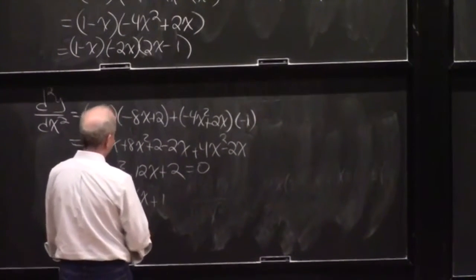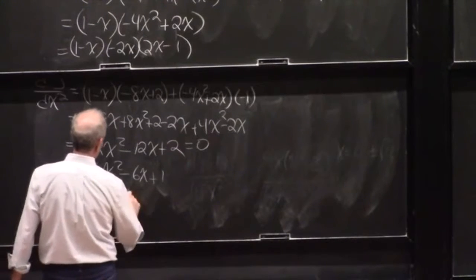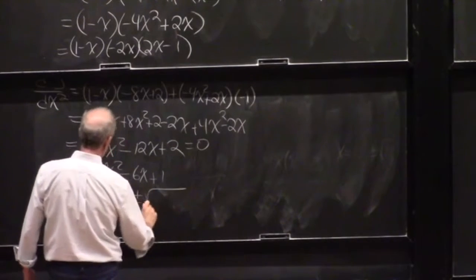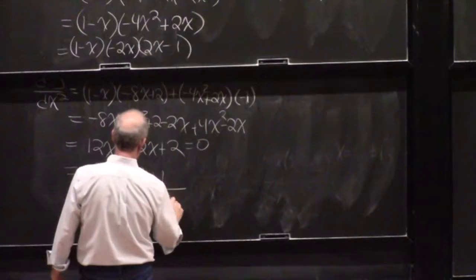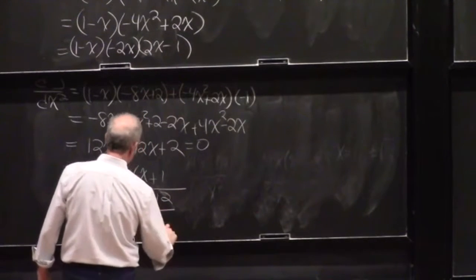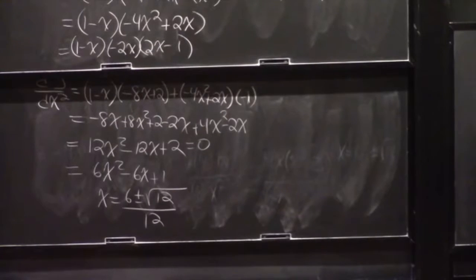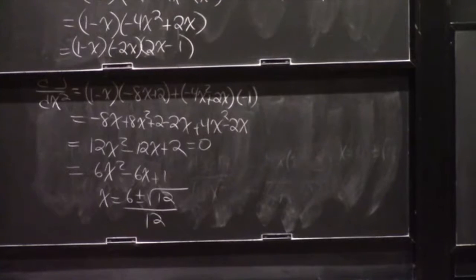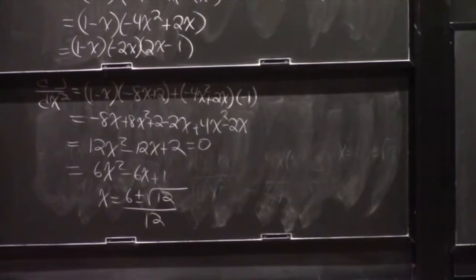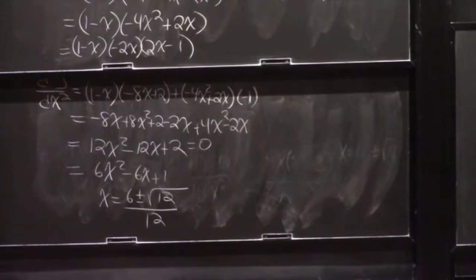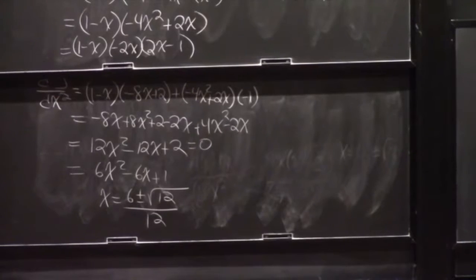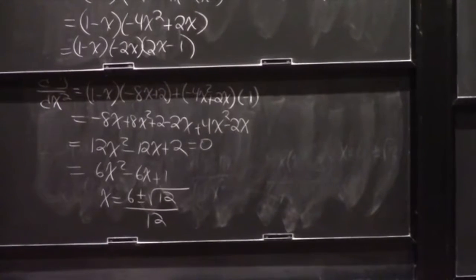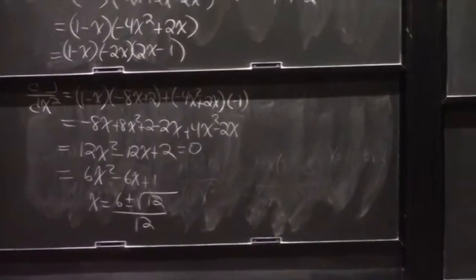So that's going to be, and whip out the calculator so you can see what the graph looks like. We could simplify that radical if we wanted to. Square root of 12 is somewhere between 3 and 4. Okay?